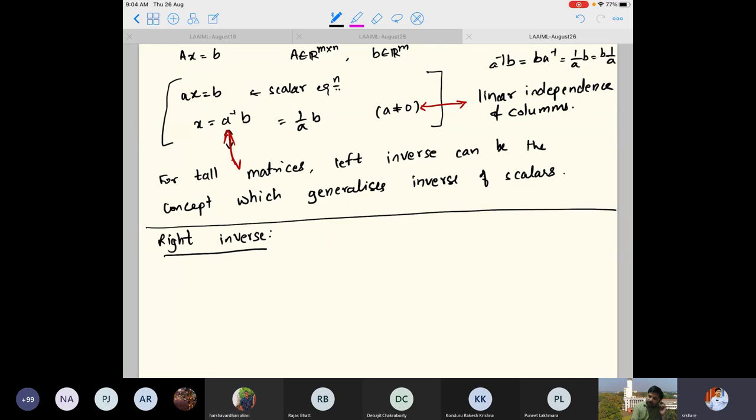If the matrix sizes are fine, like square matrices, will the matrix multiplication commute? For square matrices, can you say AB is equal to BA always? No, sir. Why? Sir, matrix multiplication is not commutative.